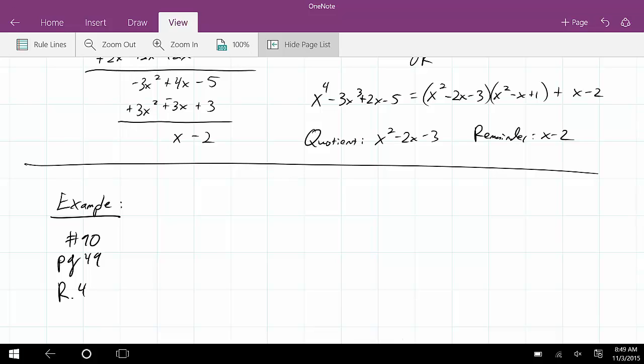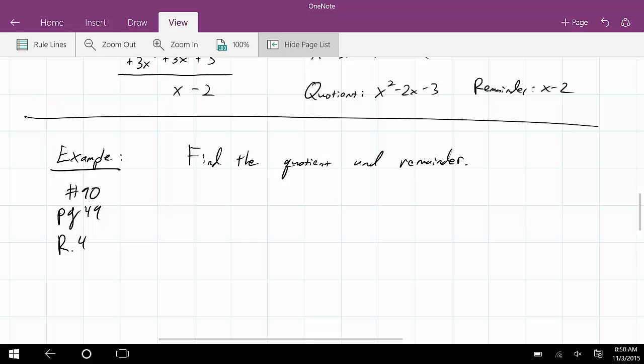So number 90, it says find the quotient and remainder. I can probably just write it as the quotient and the remainder. Okay, and these are going to be the directions for all these problems.